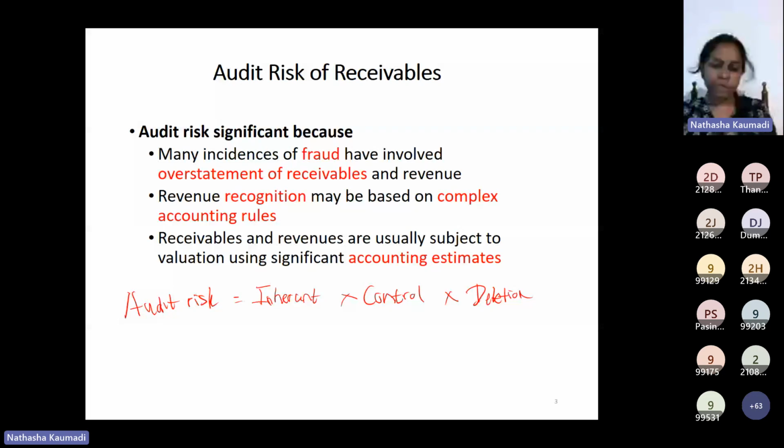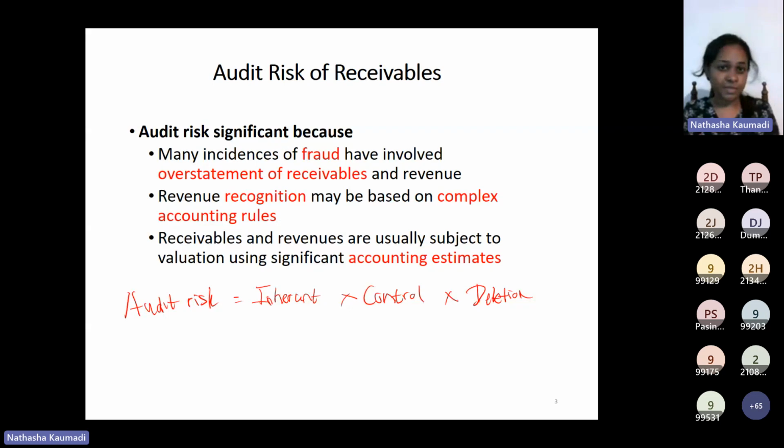Inherent risk means when it comes to a separate caption, let's say receivables, before considering the controls, what is the risk of having a material misstatement? Let's say there are no controls, then what is the risk of having a material misstatement? That is inherent risk. Control risk, what is control risk?